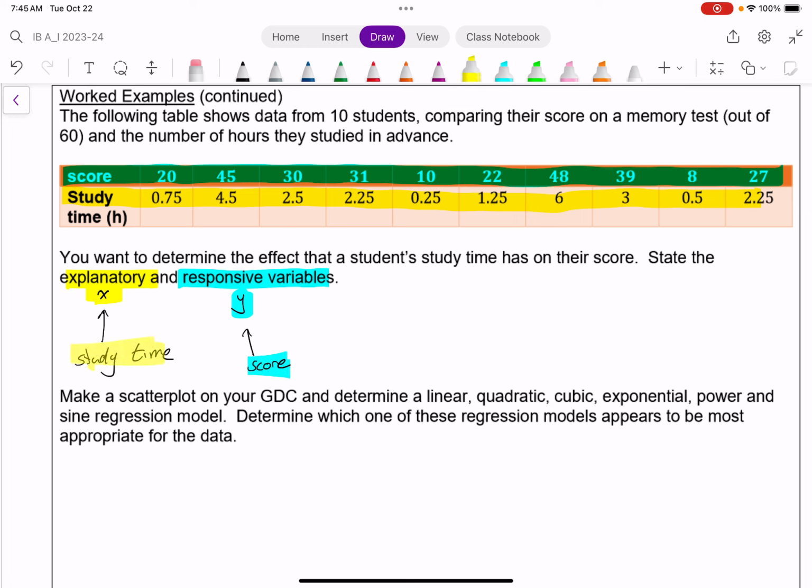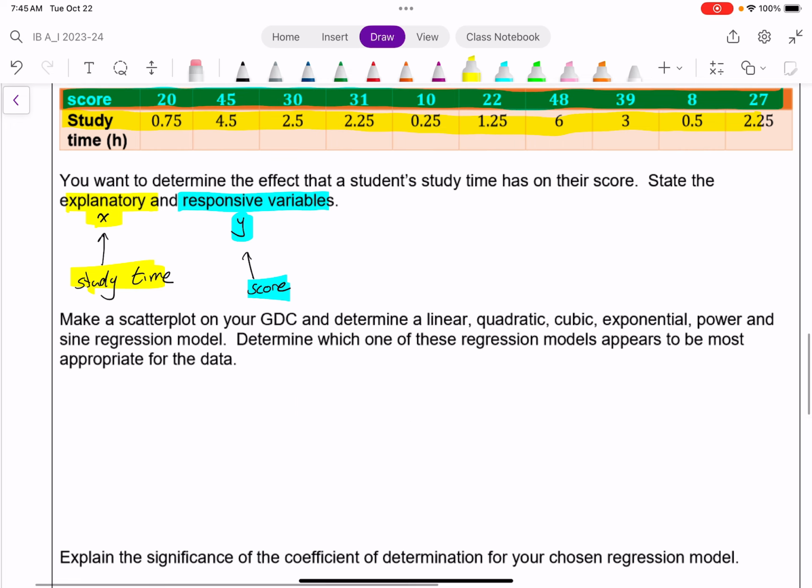And always state that, even if you're not explicitly asked to, it's crucially important so that we know when we put our data in, where to put our data. In general, your X column should be the explanatory variables. And if we have them the wrong way around without realizing it, we're actually looking at the inverse of the function. And quite often we can come up with conclusions that are completely inappropriate because we're looking at things the wrong way.